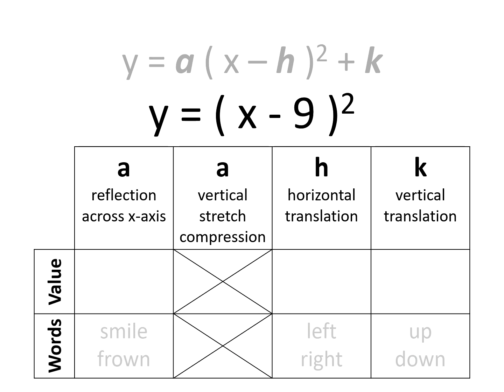For our next example, our a value has a value of positive 1, which means it's going to be smiling or opening upwards. Our h value is going to be positive 9, which means it's going to be moved to the right since this value is positive.